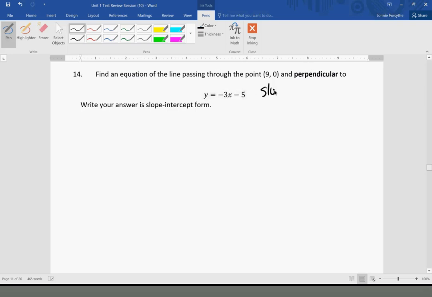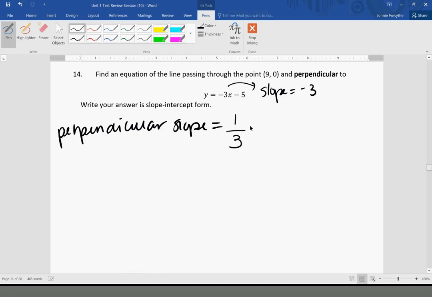This slope is negative 3, and then we need the perpendicular slope. So we're going to flip it and change the sign. So the perpendicular slope is going to be positive 1 over 3. That's going to be the m that we use.